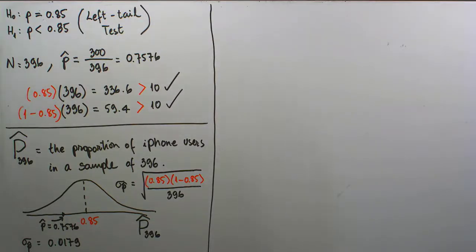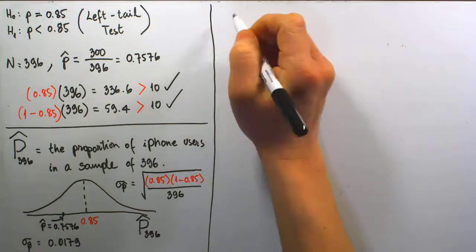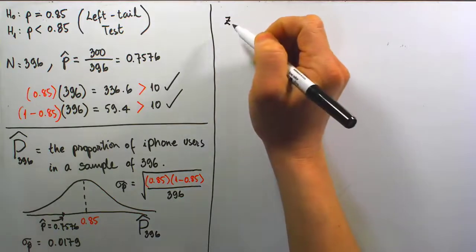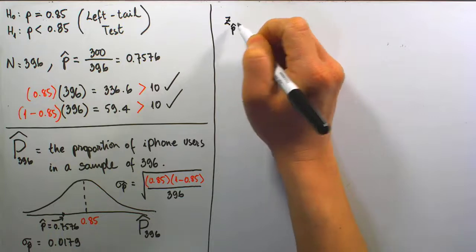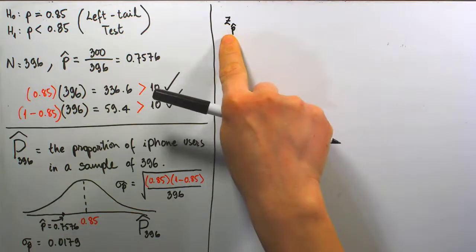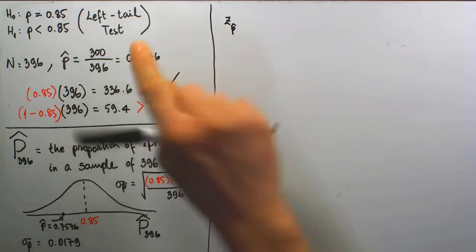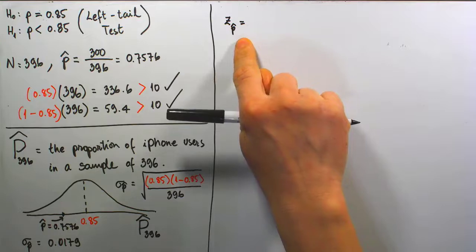And so now, upon realizing that our sample can be placed on a bell curve, the next step here is that we are going to calculate the z-score for our sample. I optionally use a subscript p hat, indicating that the z-score we're finding here is particularly for the p hat that we're using. But you are not required to use that subscript.